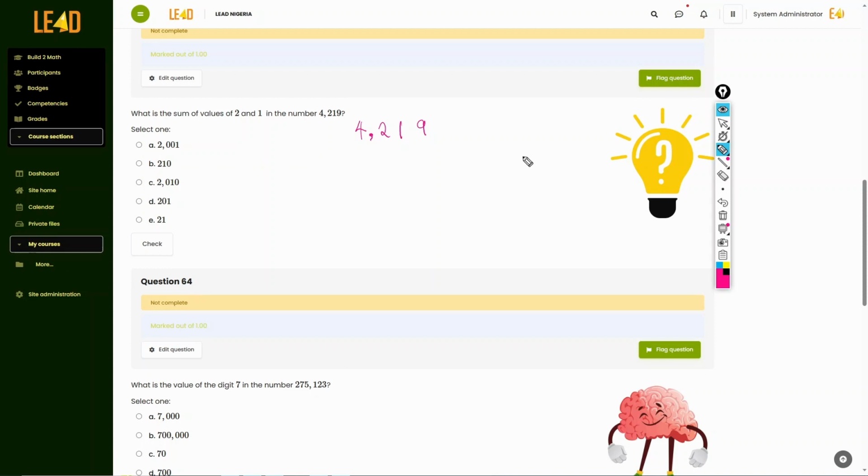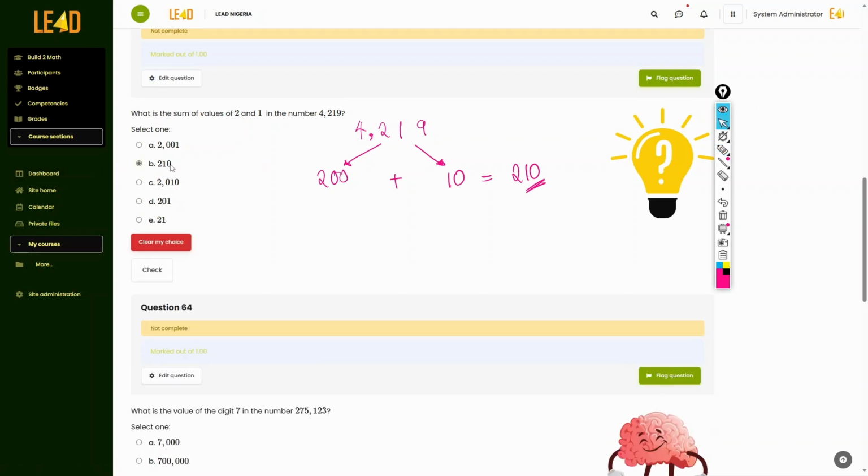So for instance, the value of this 2 here, if I turn everything else to 0, is going to be 200. All right, so 0200, that's 200. And the value of 1 would be 10. So if I add that together, I get 210 as the answer. So that's option B, 210.